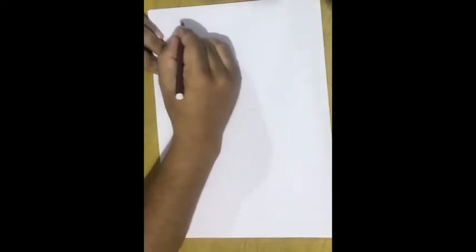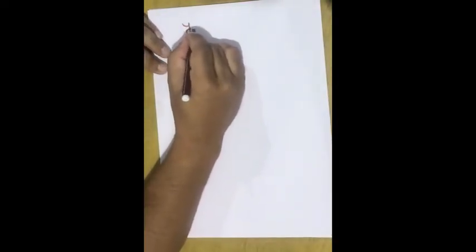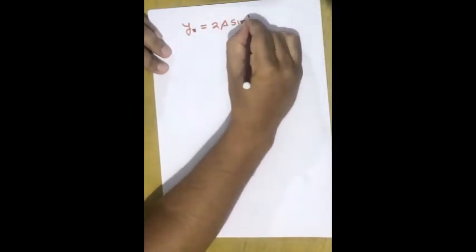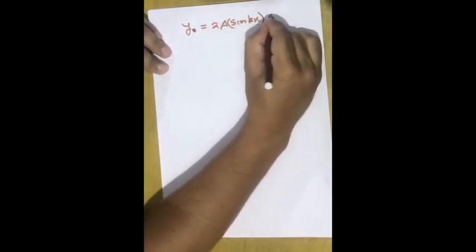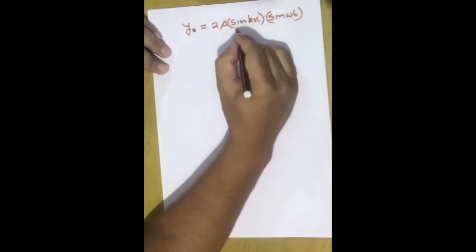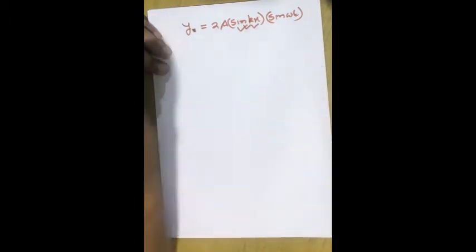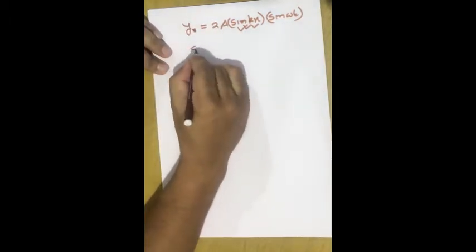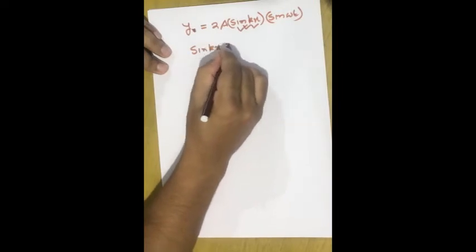Okay, it's very easy. We know the resultant displacement, y is equal to twice a sine kx sine omega t. Okay, we are going to find out the position, therefore we are going to use this factor. Okay, so y will be 0, the displacement will be 0, when sine kx is equal to 0.